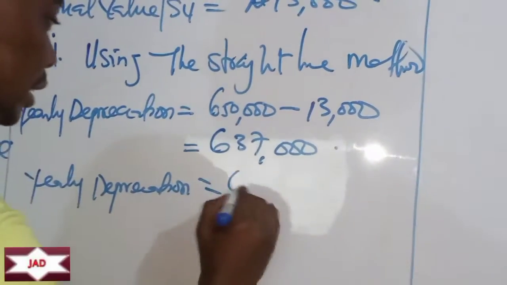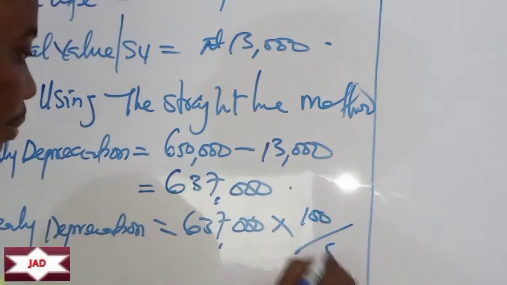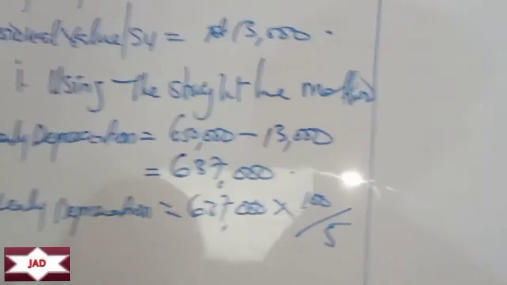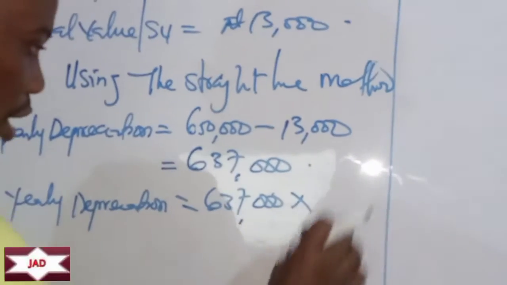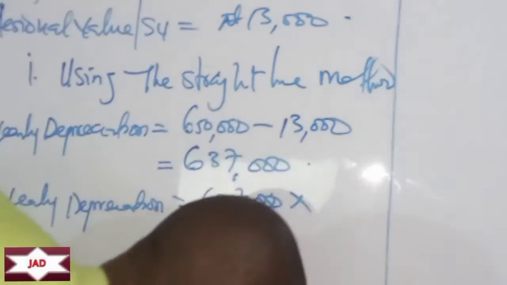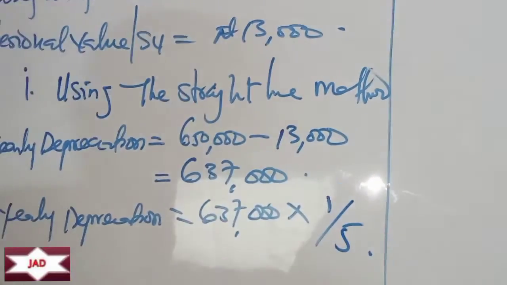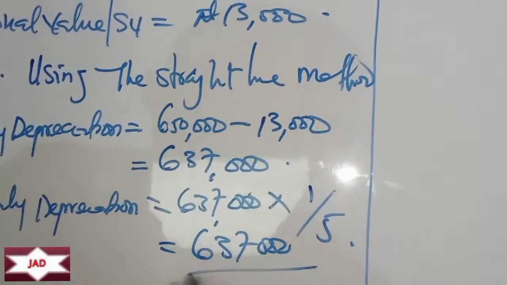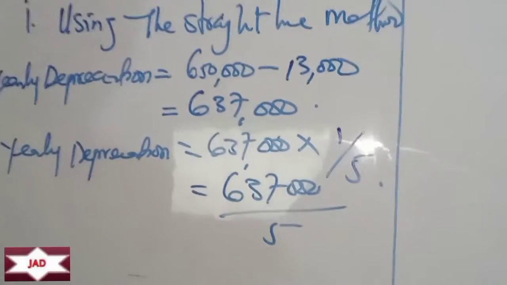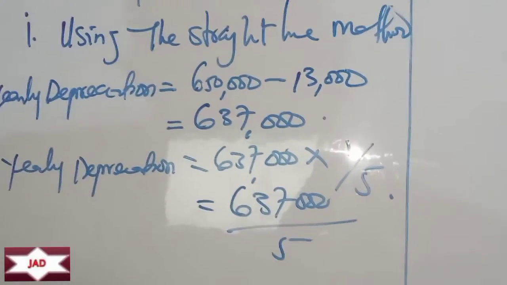So yearly depreciation, we can say is what? 637,000 times 1 divided by 5. So that will be equal to 637,000 divided by 5. So what do you have there?